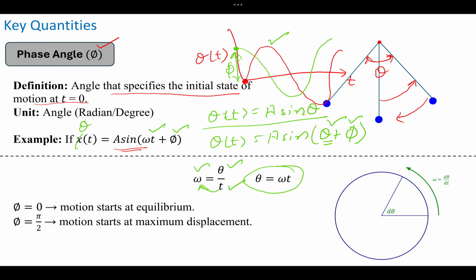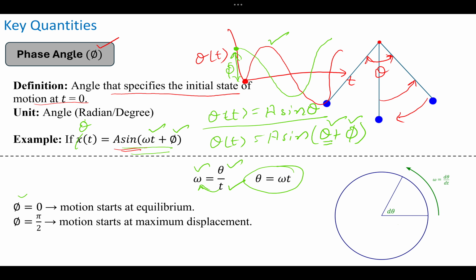It can also be the case for linear displacement x of t. We will discuss that later on, because both are simple harmonic, whether it is a pendulum or a mass spring system. If they have simple harmonic motion, then they will have the same pattern.